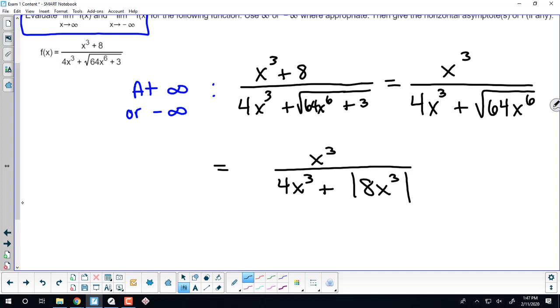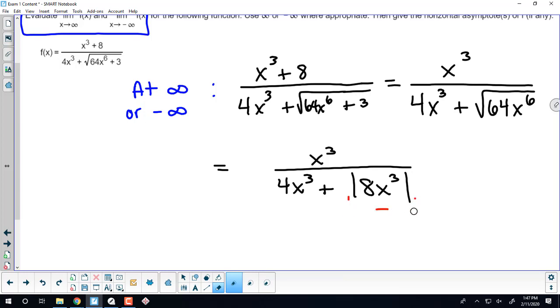So there's a few ways that we computed these. This isn't the only way to think about it. But really with this term right here that we've simplified, there is only one way to think about it. At infinity, you've got to make sure you're using the positive version, and at negative infinity, you have to use the negative version. Okay. So we'll simplify this just a bit more.